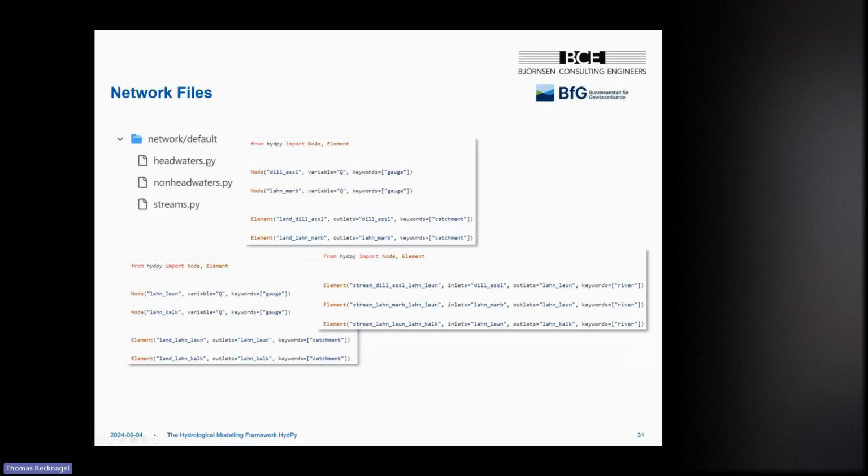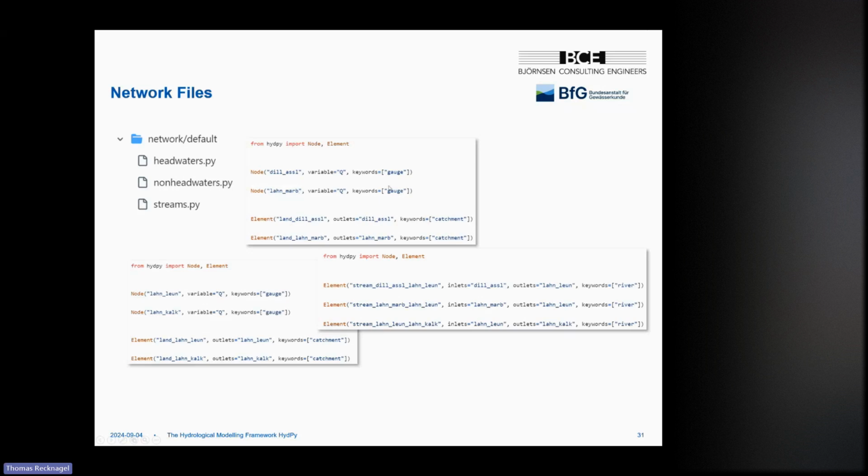We have one file for the elements that are headwaters, one file for the elements that are non-headwaters, and one file for the elements that are streams. They all are just defined here. So they have the ID, the name, and the node; the elements have the outlet node. They also have some keywords. You are free to give any keywords to elements that will help you later structure your project.